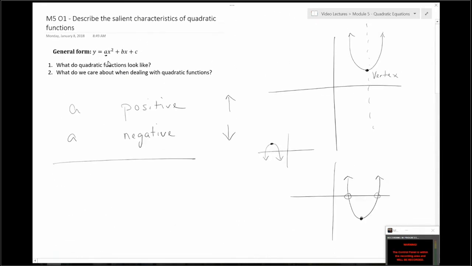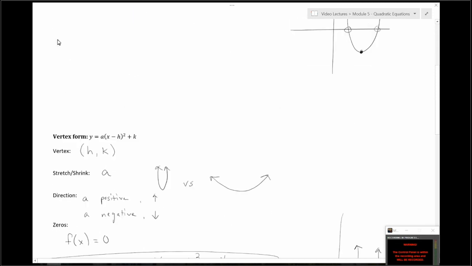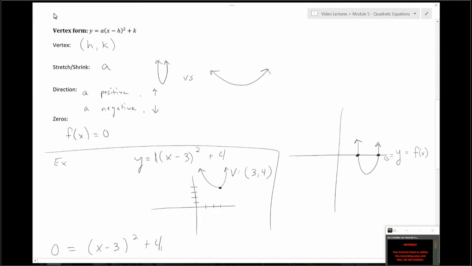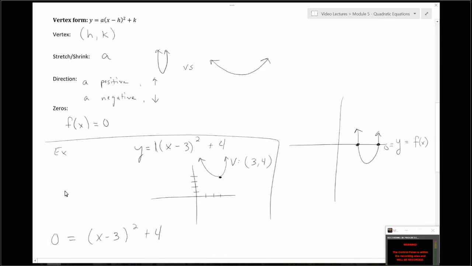Again, our general form, or what we call standard form. Standard form tells us about a, but it doesn't really give us information about the vertex or the zeros. Vertex form gives us a lot more information, everything we need to graph it, but it doesn't help us to solve the function.